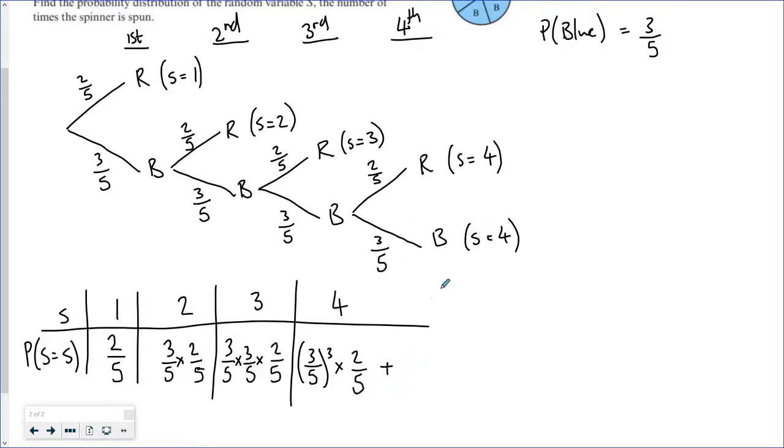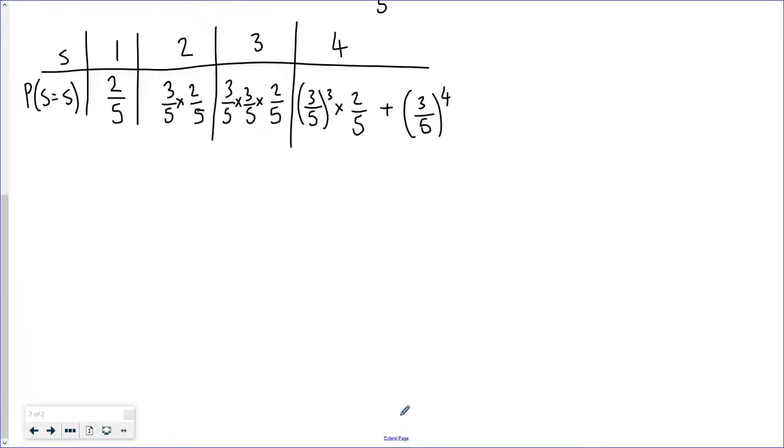Or we could have this outcome here. So remember, or means we add on the probability of getting this outcome. So getting this outcome is 3/5 times 3/5 times 3/5 times 3/5, which is just 3/5 to the power of 4. And then finally, we should probably simplify this table a little bit and work out the values of each of these probabilities.